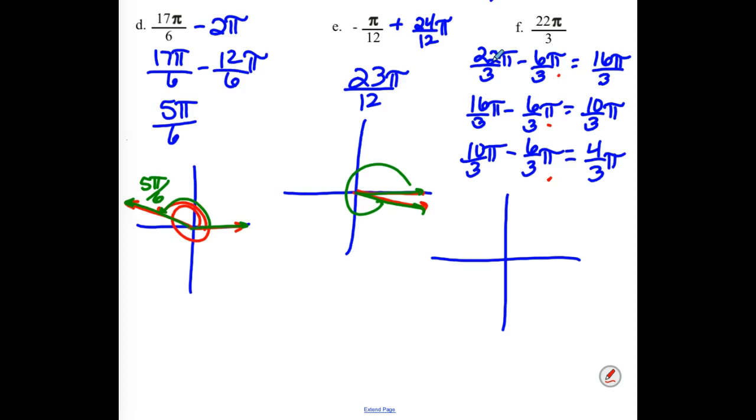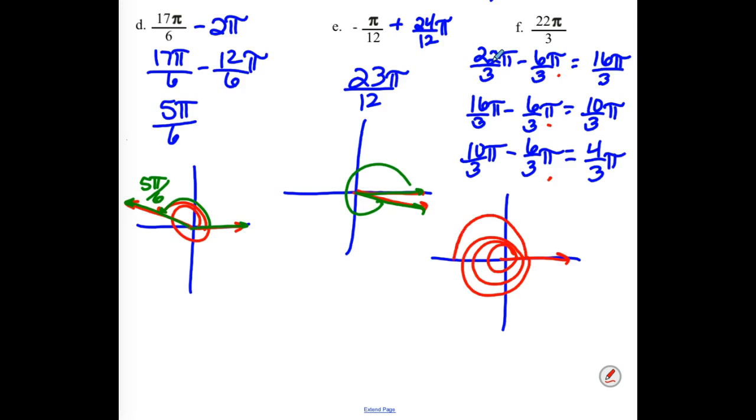3 full rotations, right? So if I'm trying to draw an angle that's 22/3 of pi, here's 0. This would be 6. This would be 12. This would be 18. How many more do I need? From 18 to 22, 4/3.